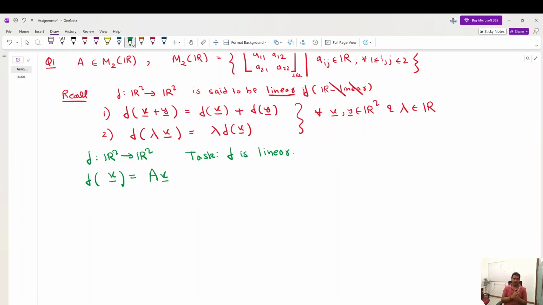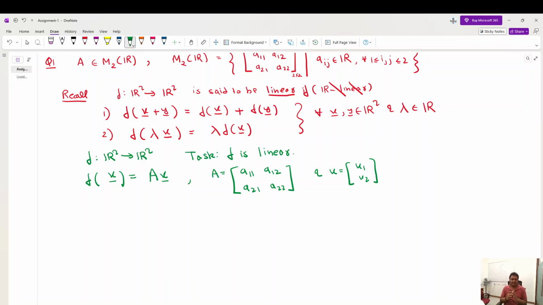Okay, so let us see how we can do this. So first of all, before proceeding to linearity, we have to understand what this map actually does. For simplicity, you assume your A to be whatever notation you want. Let me do the standard notation. And your X to be, say, X1, X2.